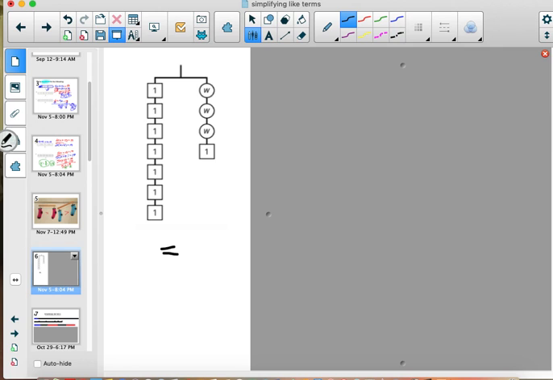Somebody else, tell me what the left side would be. Karina, yes. Seven. Good. Allison, what's the right side? 3W plus 1. Alright, that is good.